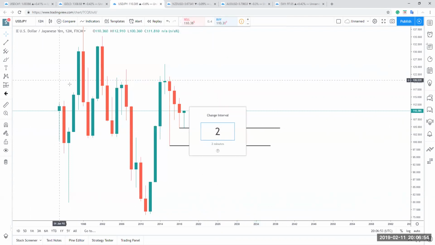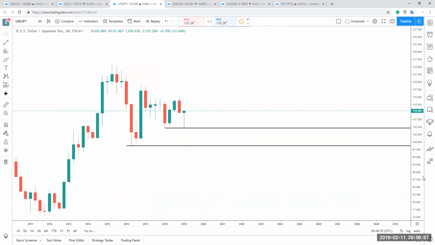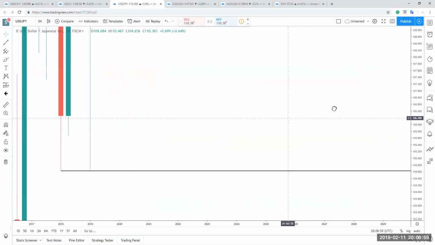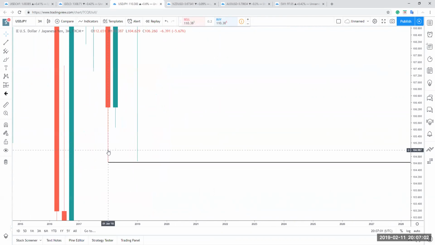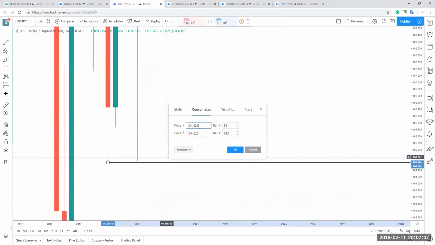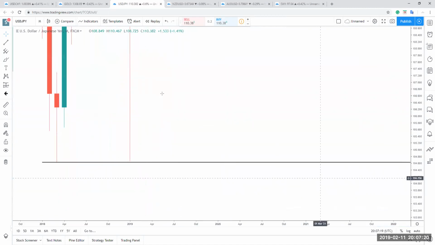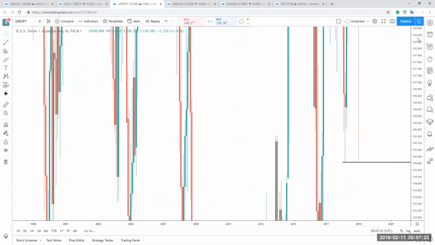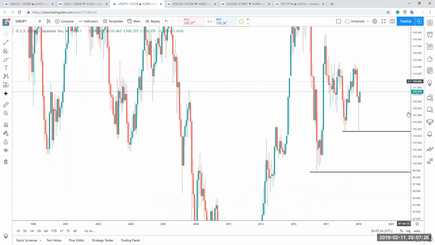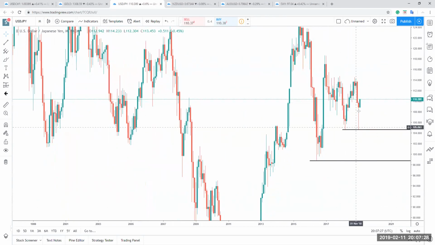If you go into the lower time frame, you can see 104,629. Yeah, so we didn't actually take out this low. We came very close to it, but we didn't take it out. So that doesn't break the market structure of the bullish move just yet.